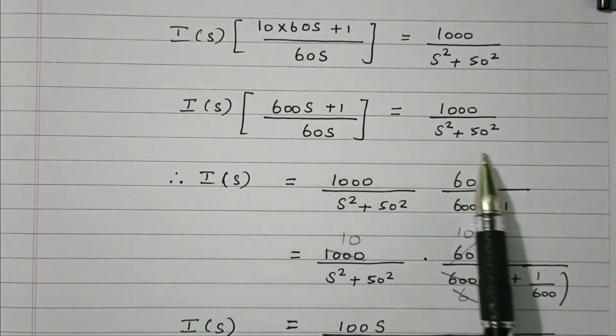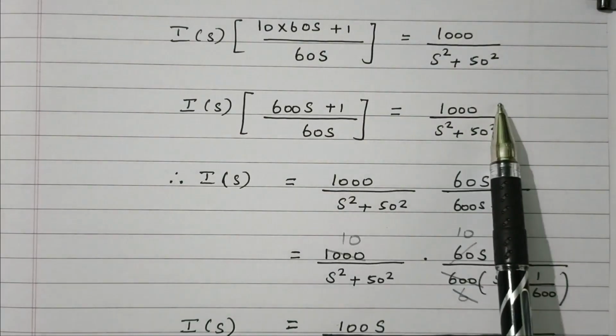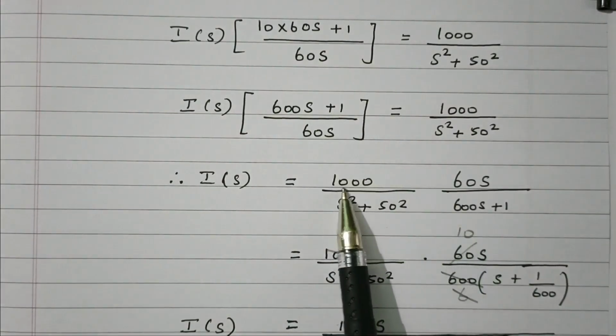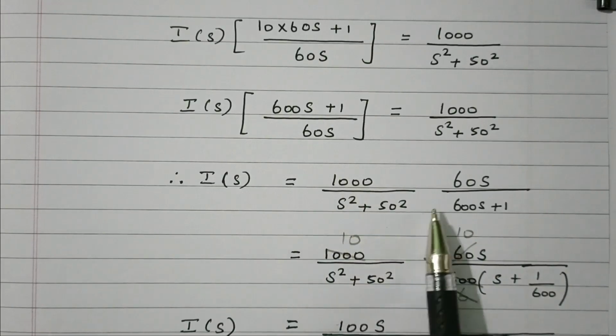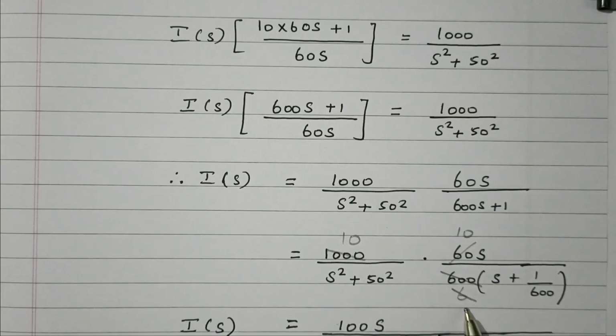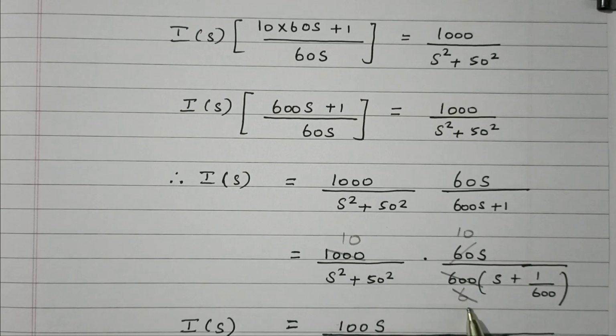Now we'll bring this term to the other side. So 60s goes to the numerator, and 600s plus 1 goes to the denominator: 1000 divided by s square plus 50 square, into 60s divided by 600s plus 1. Now we simplify. 60 and 600: 60 goes into 600 ten times. 600 and 1000: 1000 divided by 600 is 10 by 6, and 6 goes 10 times in 60, so 10 into 10 is 100.